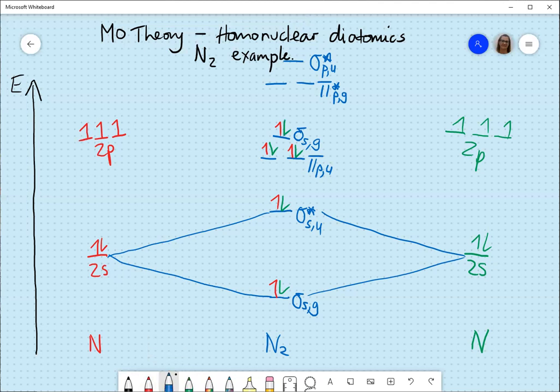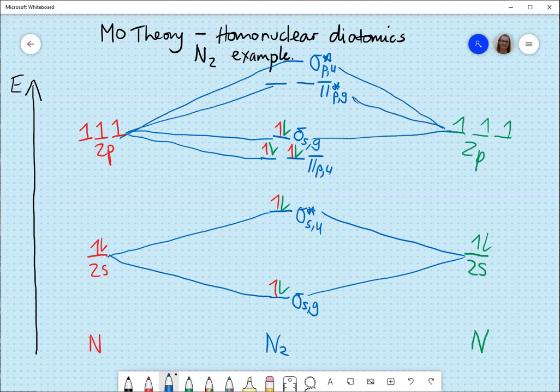So if we just draw this roughly, just link them together. This is what we're going to look at. There we go. And this is what the molecular orbital diagram should look like for nitrogen itself.